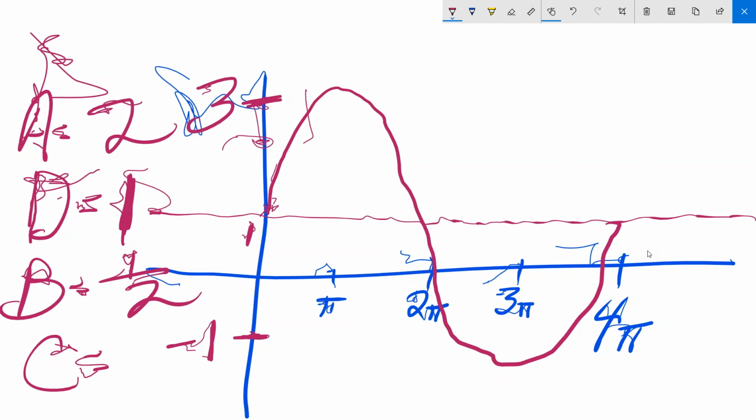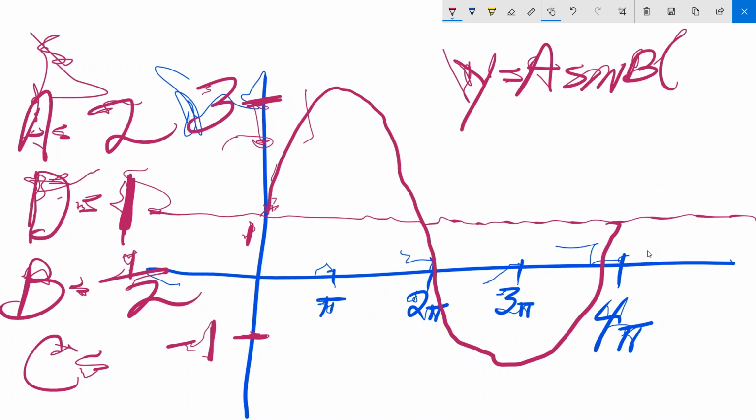It depends. Actually, to answer that question, you need to know whether I'm going to use sine or cosine. I'm going to use sine. So if I'm going to use sine, what is C? Okay, so what's the equation of this line?